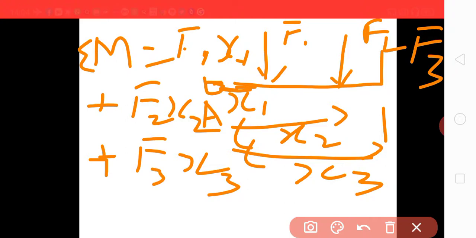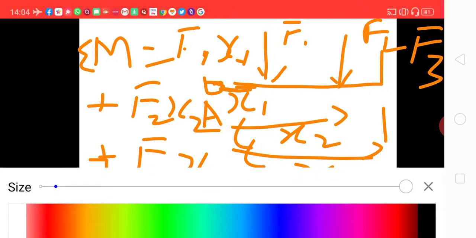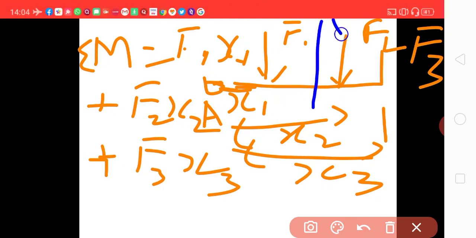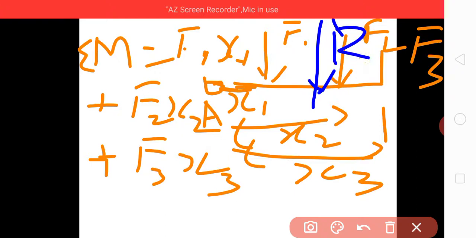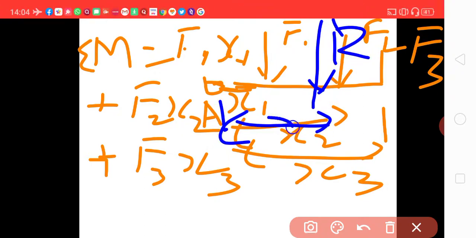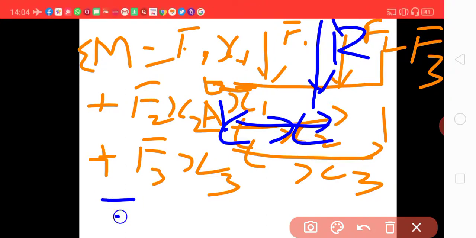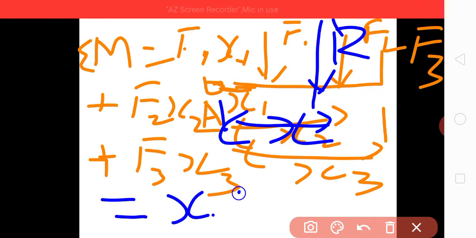Then say the resultant is R, which is at a distance of x. Then it is proved that the moment will be equal to x into R, that is the moment of the resultant.